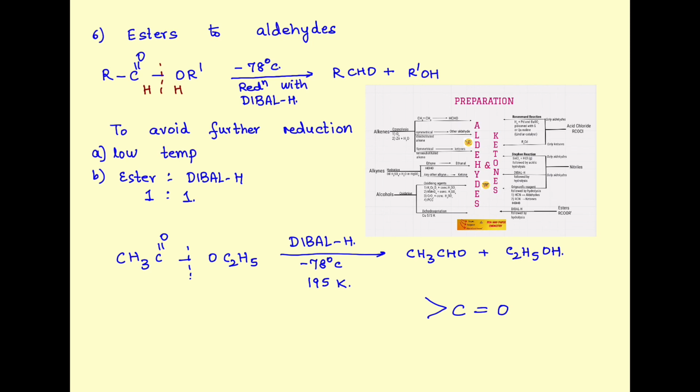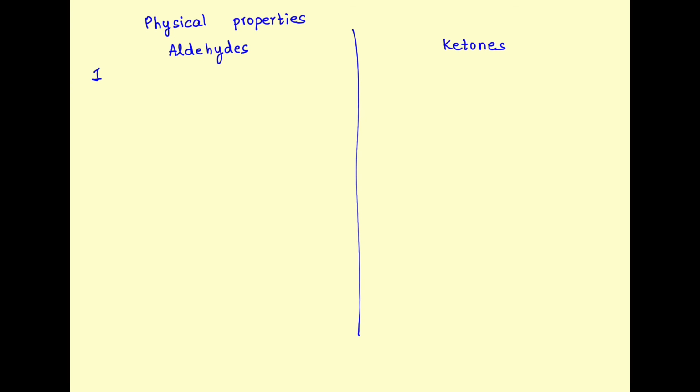In the meantime, what do you have to do? You have to prepare the physical properties of aldehydes and ketones, and you can do it as a comparative chart. So do it like this: aldehydes and ketones, draw a line, one side write the physical properties.